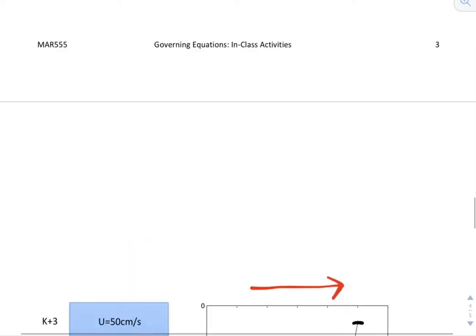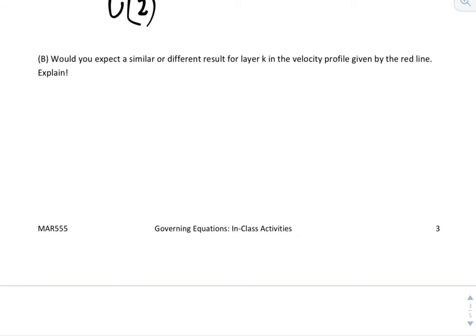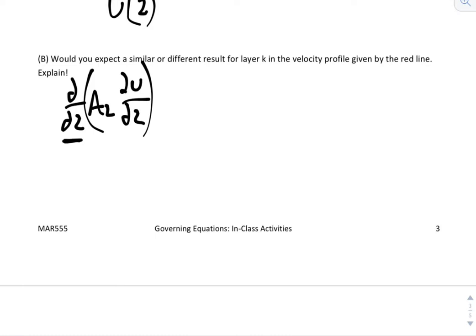So if I look back here, I'm going to ask myself, how can I get an estimate of this term? The term again looks like this: partial z of A_z times du dz. So this is the rate of change with respect to z of this thing right here, A_z du dz, where du dz is a derivative of u with respect to z.